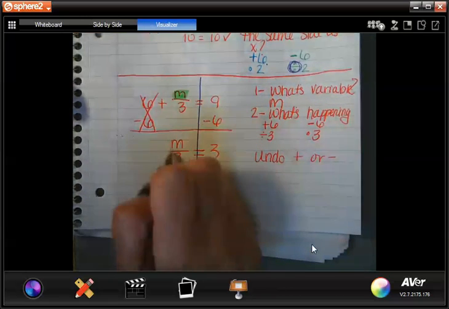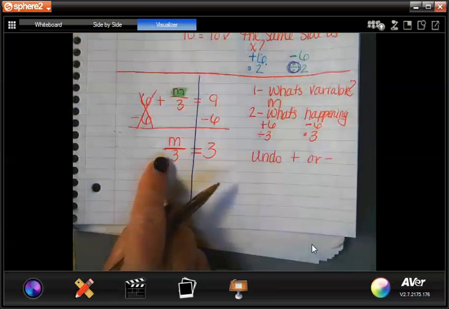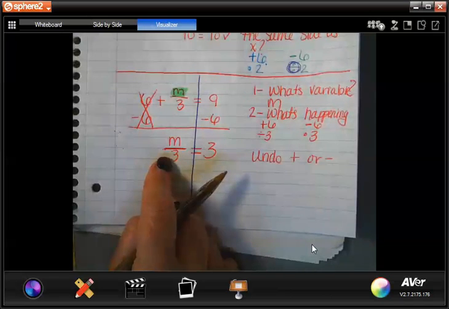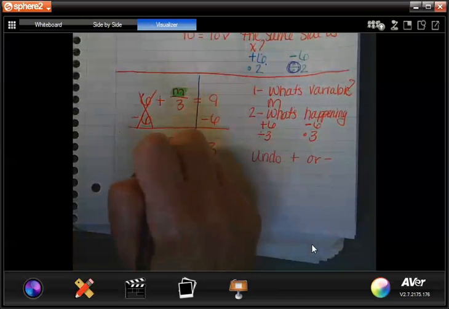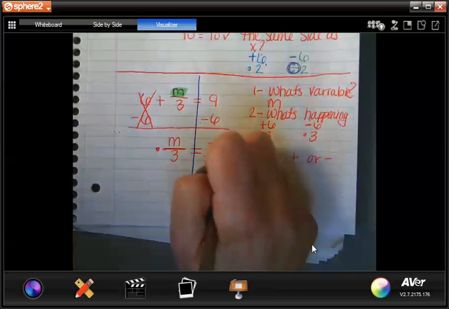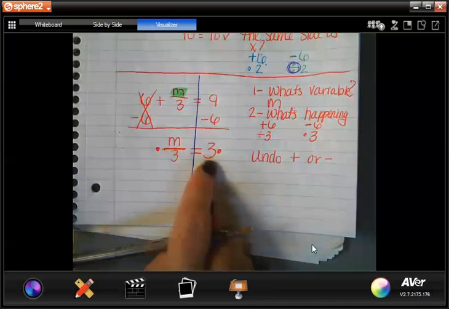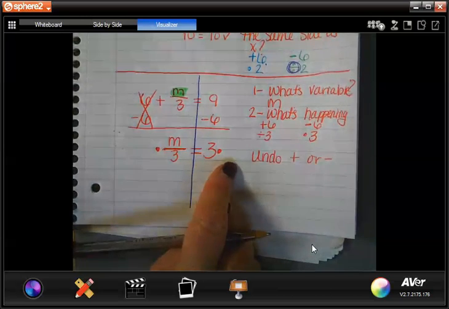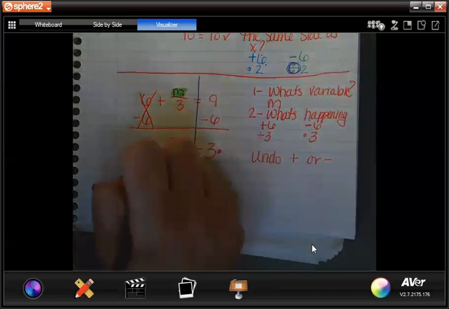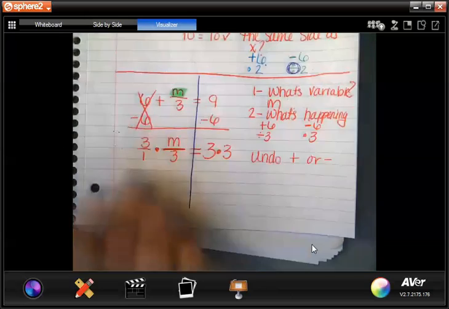Now, don't let that fraction bar freak you out. Fraction bar by day, division sign by night, right? So this is division, and the inverse is multiplication. I'm going to put a dot on both sides, because what I do to one side, I've got to jump the fence and do to the other side. So I'm going to multiply this by 3 and that by 3.